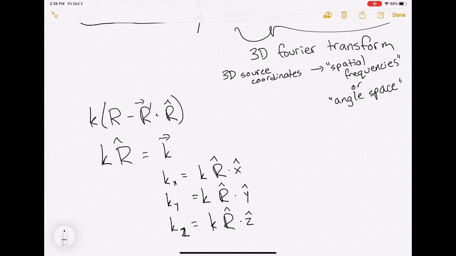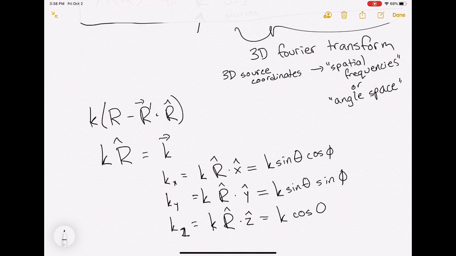And these work out in terms of the spherical coordinates angles. So that works out to be k sine theta cosine phi. Ky works out to be k sine theta sine phi. And kz turns out to be k cosine theta.